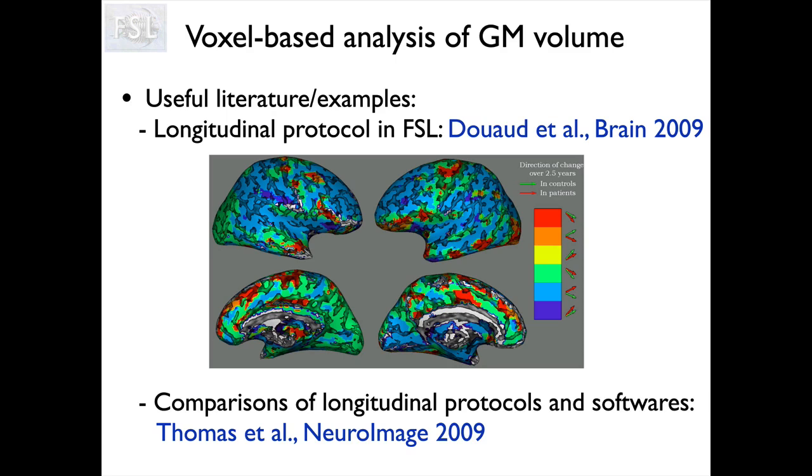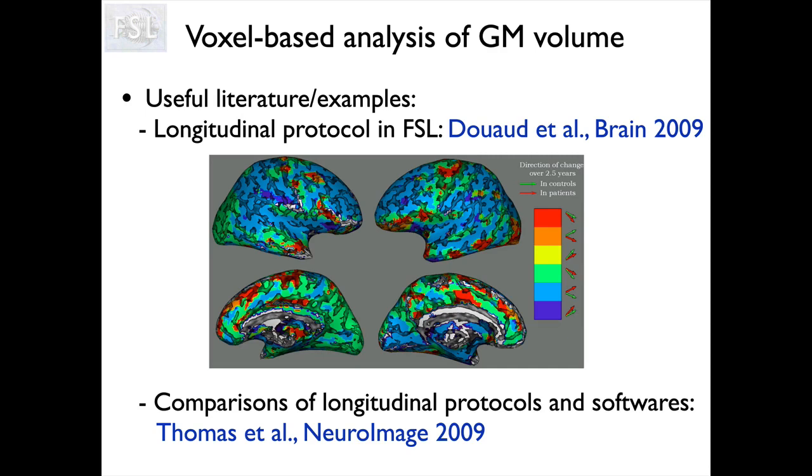And in order to do that well, we don't use the cross-sectional tools exactly as they are. We vary the way they are used slightly. And here are a couple of papers which describe how that's done in order to optimize it to look at the change between the baseline and the follow-up scan, because that's the same anatomy with very subtle changes, and we can measure that better and then combine across different subjects later, rather than putting everything in together at once.